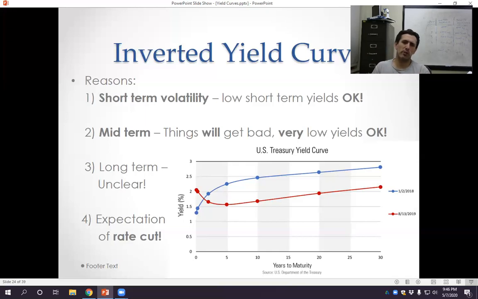Whereas for a short-term bond, there's really no need. You really have to be enticed to buy that, and hence the higher yield rate. Now, why would the Fed ever want to cut an interest rate? I'll talk about that later.